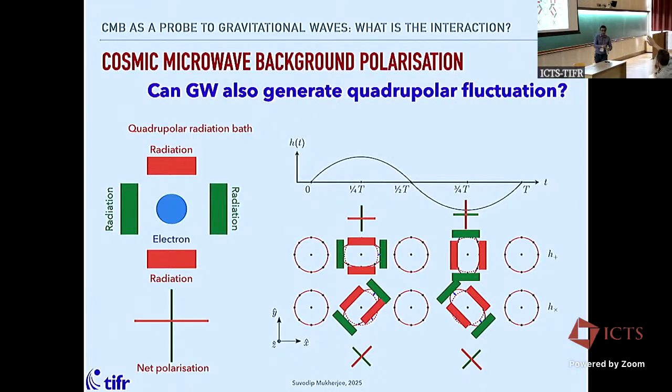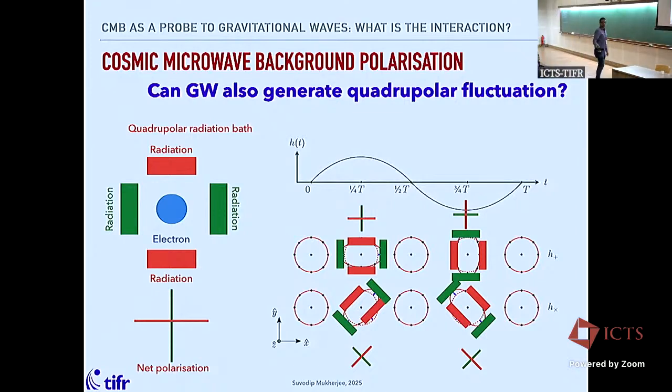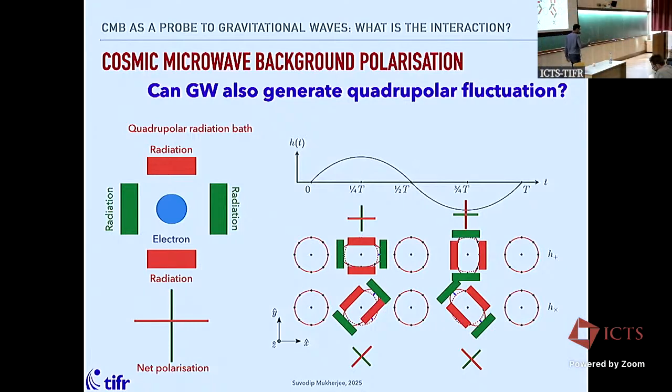Yes, please. So what if the gravitational waves are chirally polarized? Good, very good. So the question is, what if gravitational waves are chirally polarized? So far I have not even talked about anything on circular polarization. I'm only talking about linear polarization.